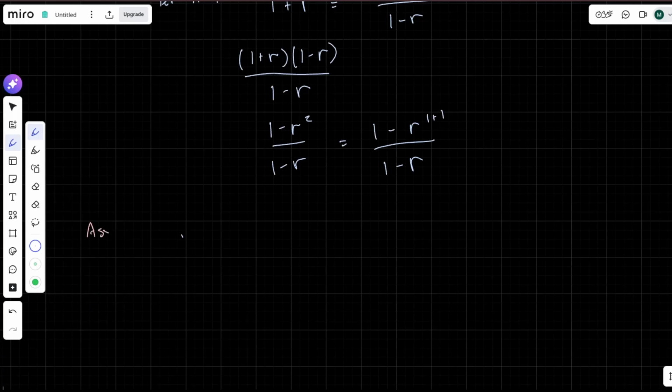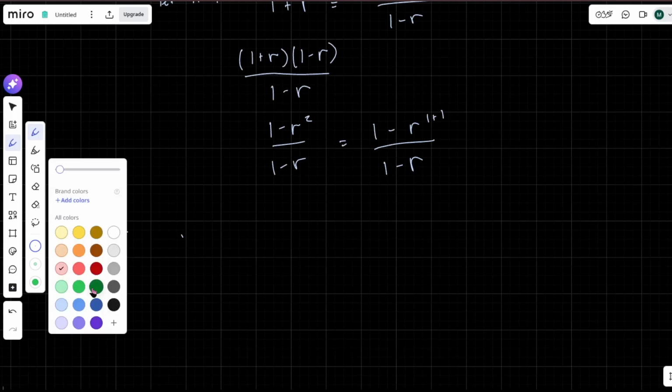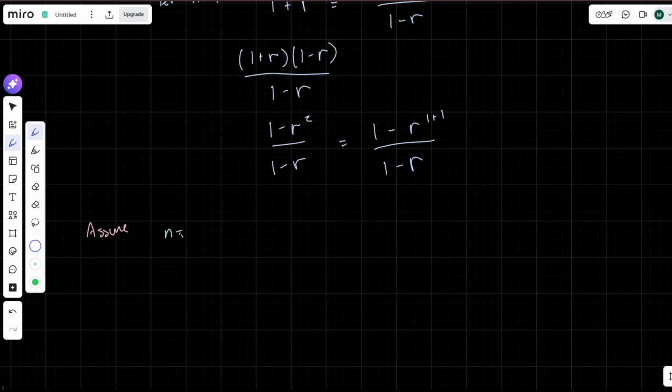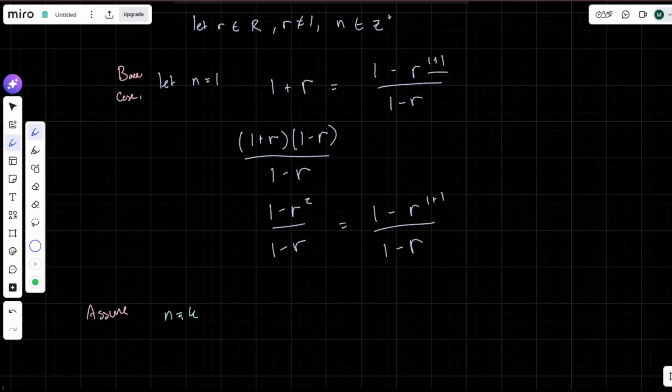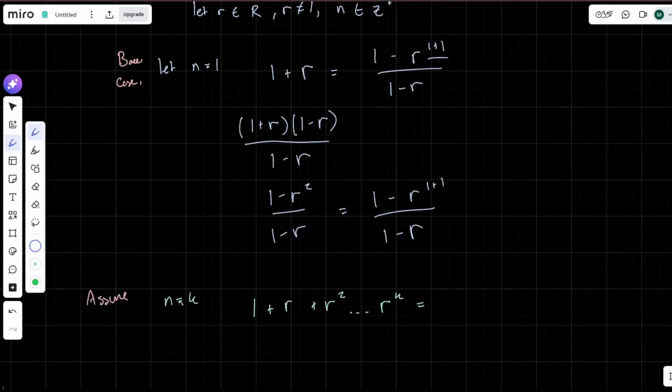So we're going to assume that when n equals k, this by definition will be true, so that 1 plus r plus r squared all the way up to r^k will have to therefore be equivalent to 1 minus r^(k+1) over 1 minus r, by definition.